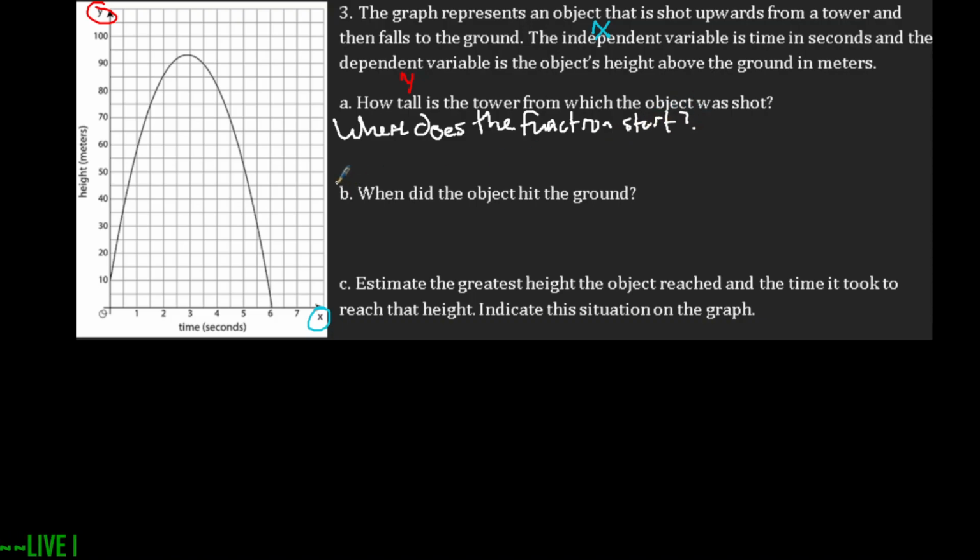Or, same kind of idea, what is the y-intercept? So it's two ways that you can have the idea with it. But if we look on the graph, where's our y-intercept? It is going to be right there. So it hits the y-axis at the point 0, 10. So it's going to be 10 meters for that one.